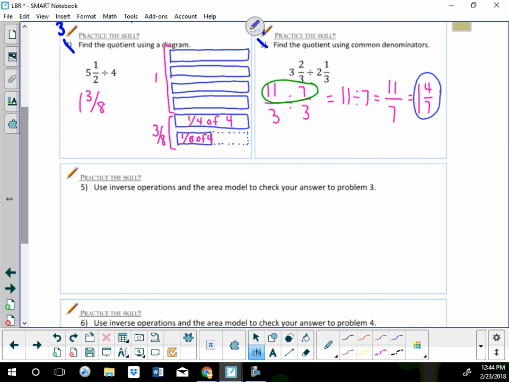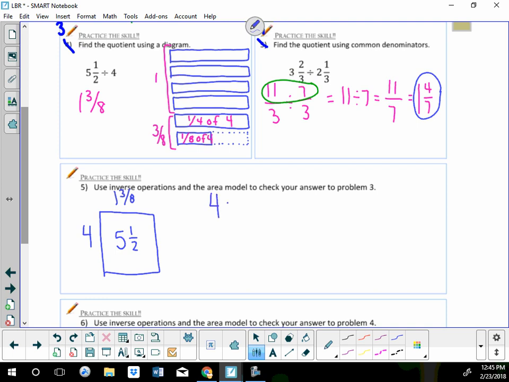So this problem right here, if I have 5½ divided by 4, that's like saying that I have 5½, and if I divide it by 4, then I should get 1 3/8 as my other factor. Now I'm going to use multiplication to check this, and I'm going to make sure that 4 times 1 3/8 actually does equal 5½.